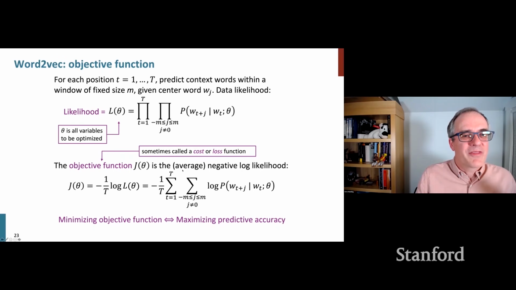We also work with the average log likelihood. So we've got a 1/T term here for the number of words in the corpus. And finally, for no particular reason, we like to minimize our objective function rather than maximizing it. So we stick a minus sign in there. And so then by minimizing this objective function, J of theta, that counts as maximizing our predictive accuracy.